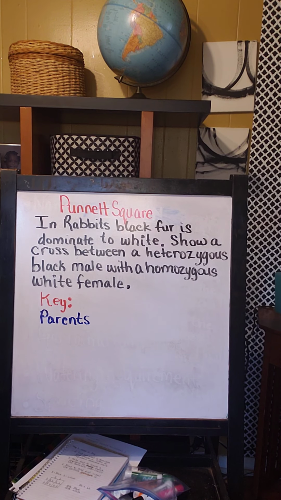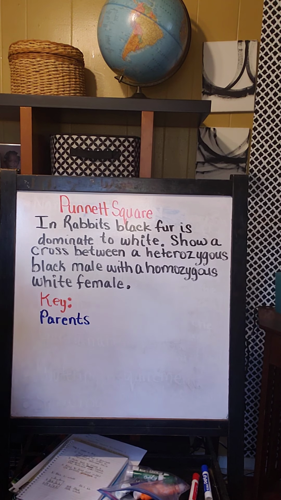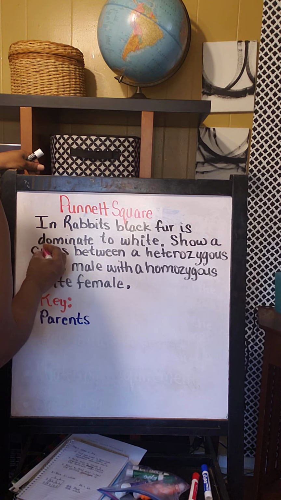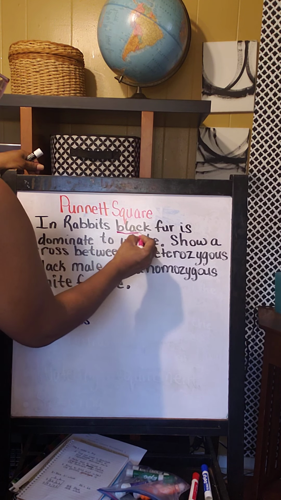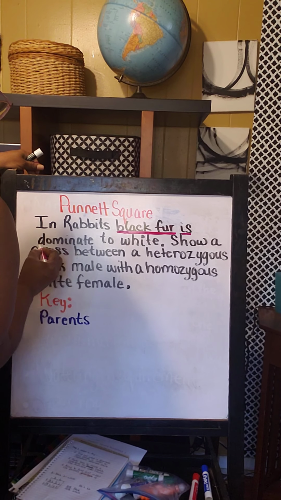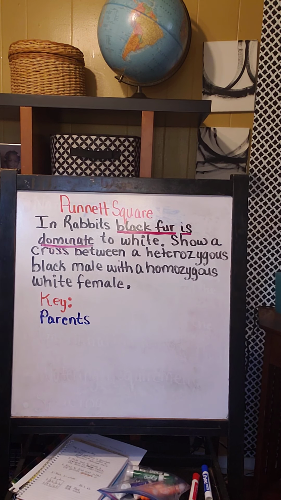So, since we're looking for the parents, we're going to look into the question to make sure we understand. Number one, we're doing rabbits, and we clearly said that black fur is dominant. Okay? So number two, when creating a key, you're going to make sure you find out what the dominant is.